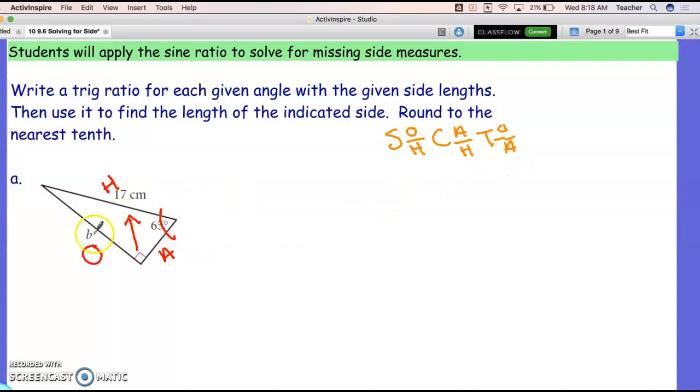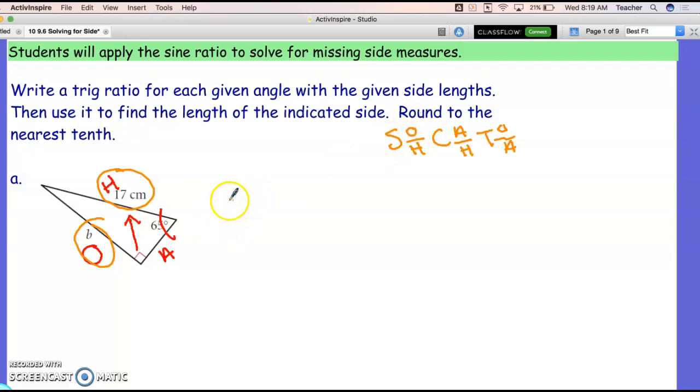So in this case, my opposite side is what I'm trying to figure out. The hypotenuse we know, and we don't have any information about that adjacent side, so we're not going to use the adjacent side. So I'm trying to see which trig ratio uses the opposite and the hypotenuse. That's going to be sine.